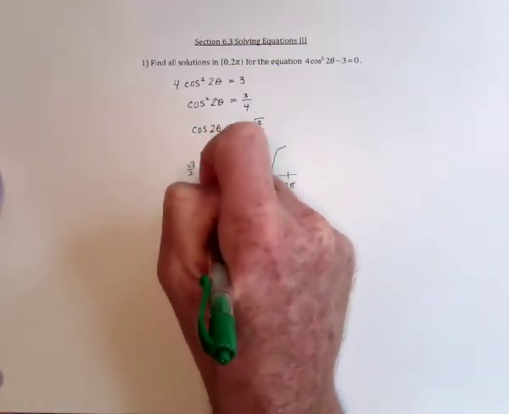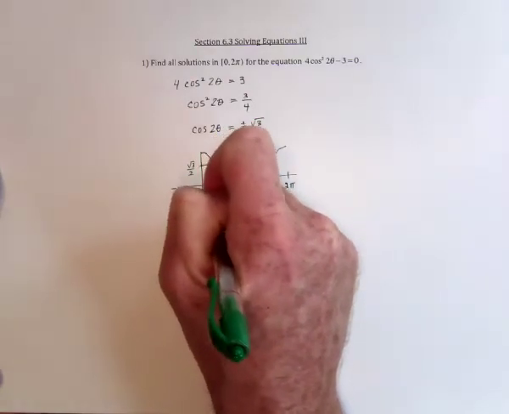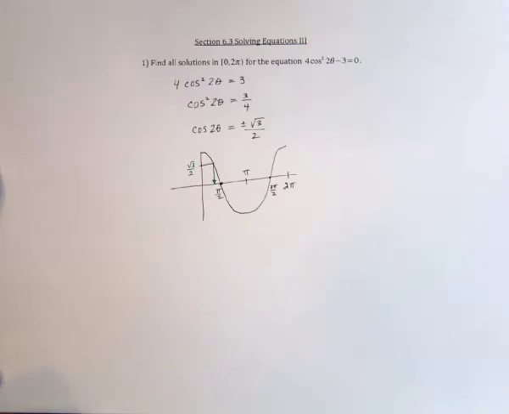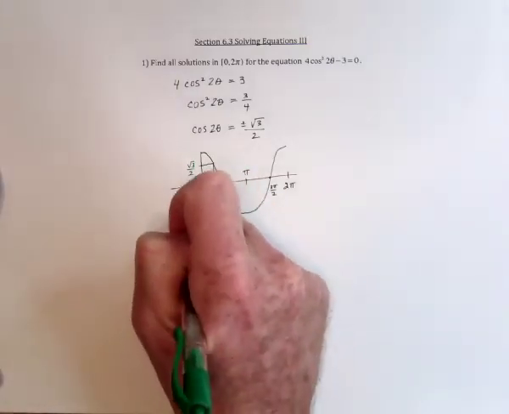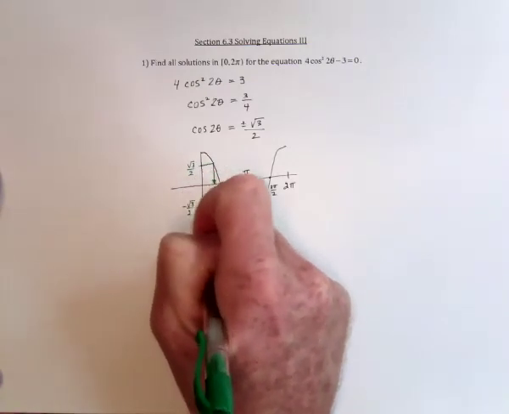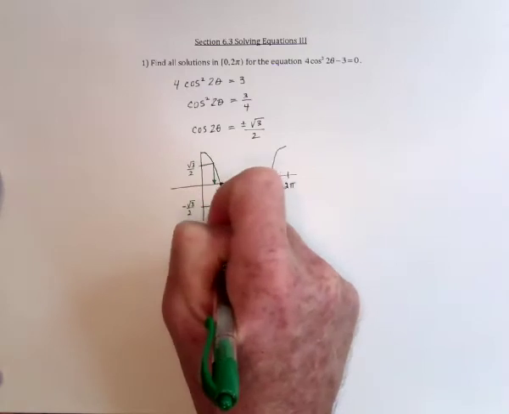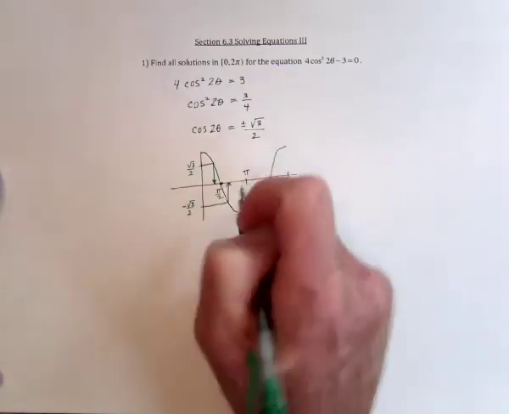And we'll use the calculator to get one solution, which looks like it's just a little bit smaller than pi over 2. And then after that, we'll use the calculator to get the inverse of the negative square root of 3 over 2. If you go over here, that looks like it's just to the right of pi over 2.